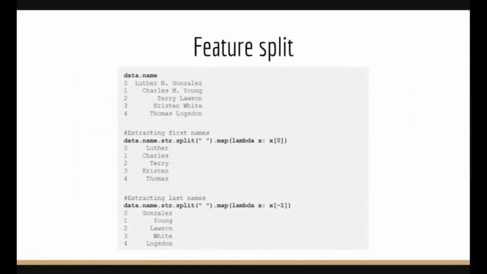The next feature engineering technique which we are going to discuss is feature split. It is a very good way to make our data useful for machine learning algorithms. Most of the time, our data set might have string columns, which violates the tidy data principles.